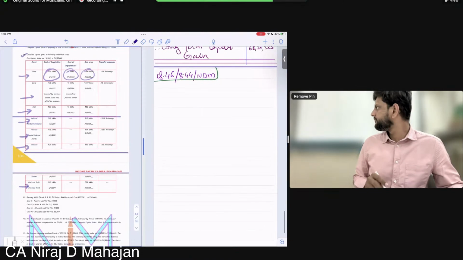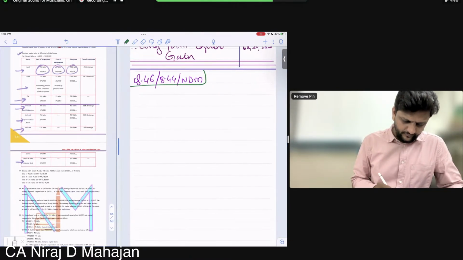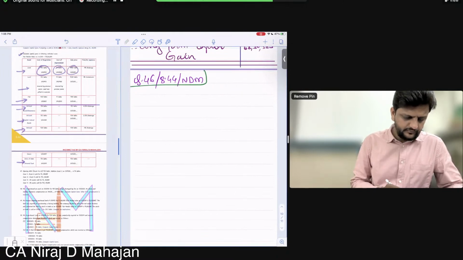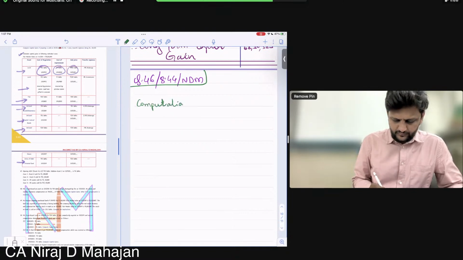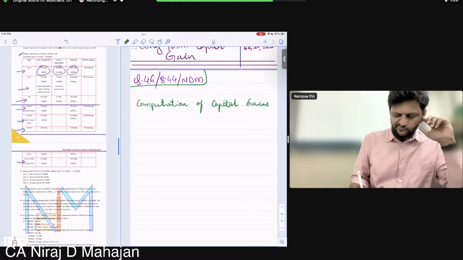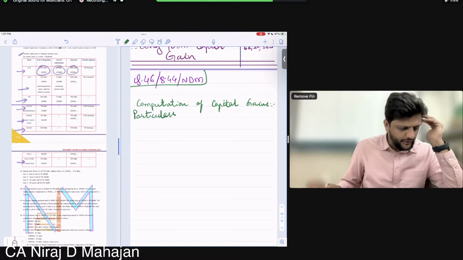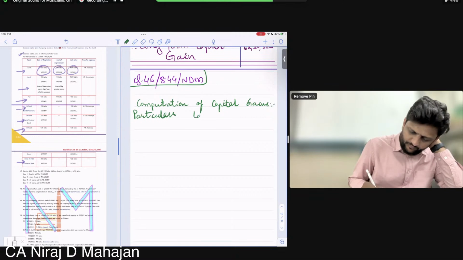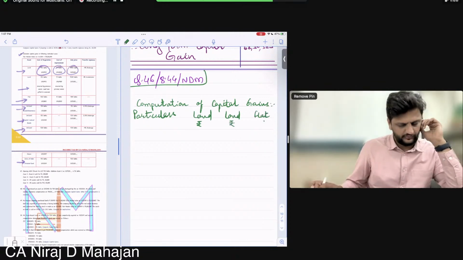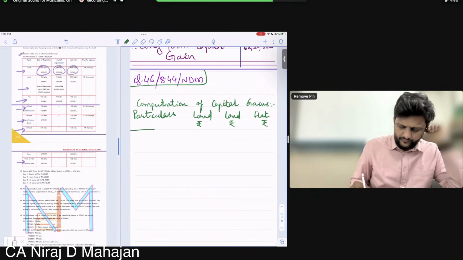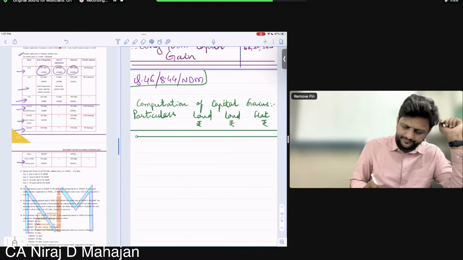Computation of capital gain. Particulars: land and flat. Whatever is common, I'll take it for all of them together.